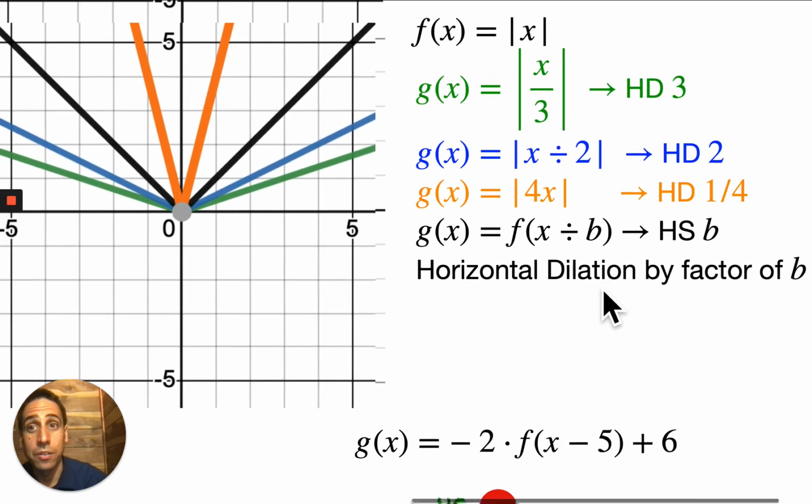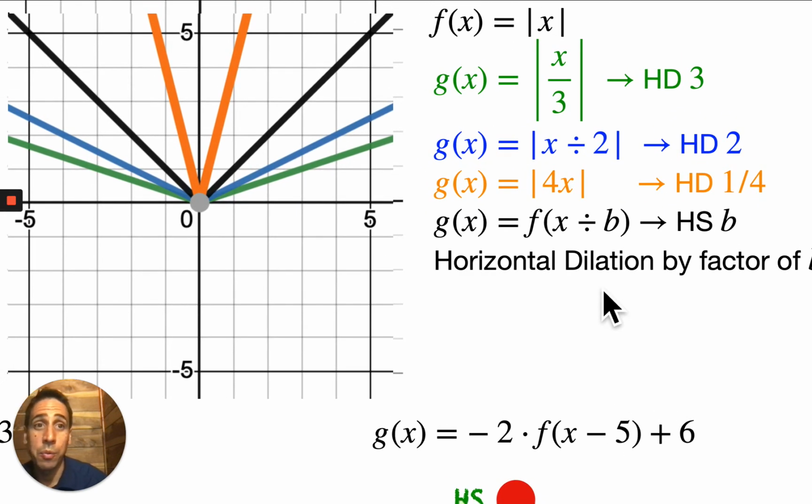Here's one we didn't do yesterday, and when I say yesterday, I really mean last video. f of x is equal to the absolute value of x. That's the original right here. And if we put it inside the absolute value, like if the rule is defined as take the input and first divide it by 3 and then take the absolute value, what you get is a horizontal dilation of 3. So for example, over here at x equals 3, the y value is 3.